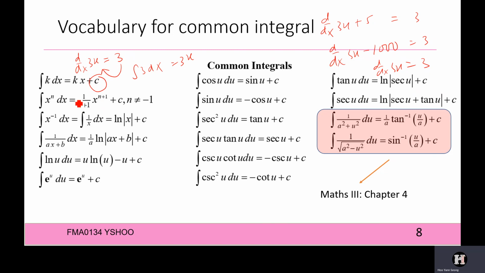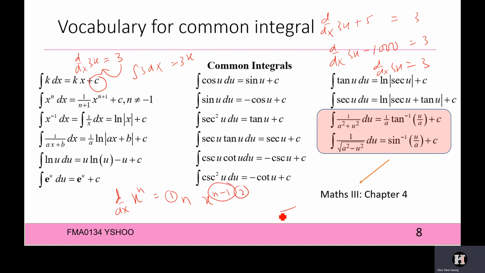Now I think you still remember, whenever we differentiate the power of n, we push our n in front, then n minus 1. Now this one becomes the reverse. When we differentiate x to the power of n, first we push n in front, then the power becomes n minus 1, which is step 2.